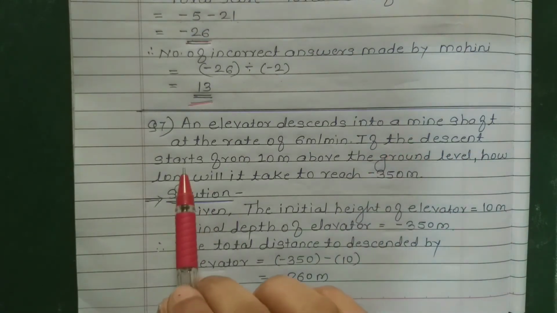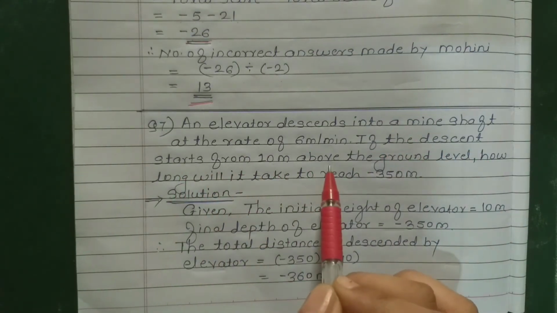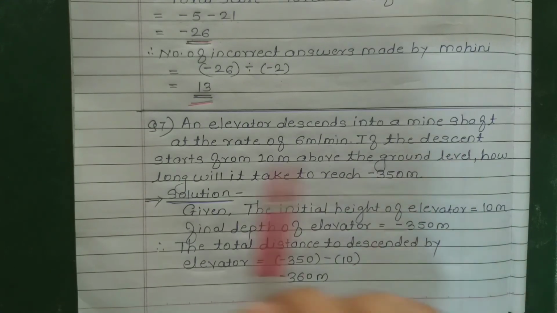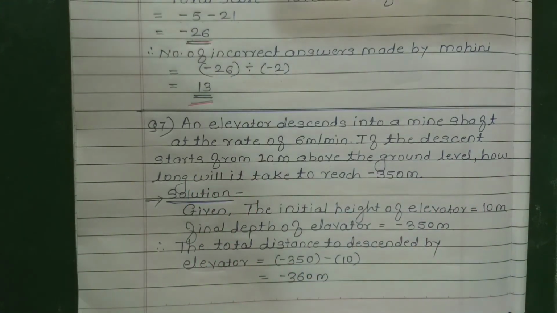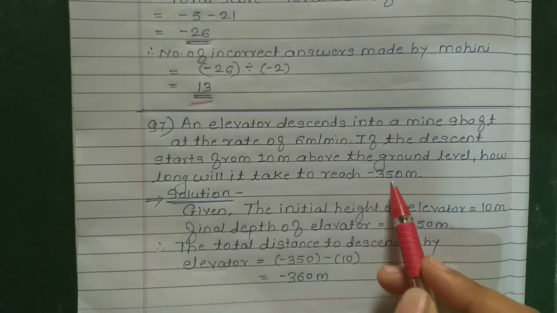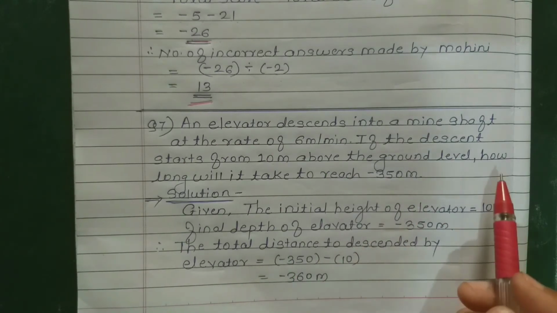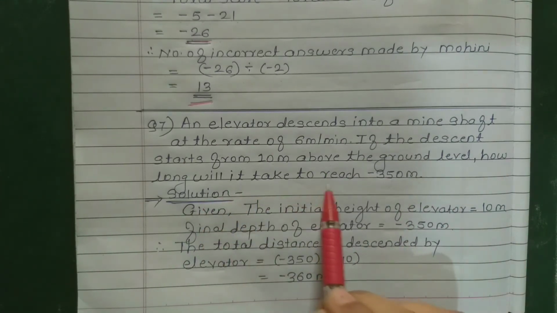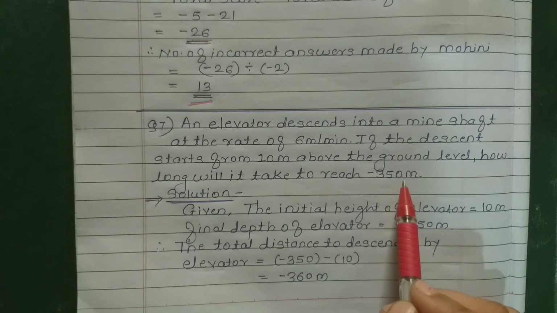If it descends, starting from 10 meter above the ground level, how long will it take to reach -350 meter?